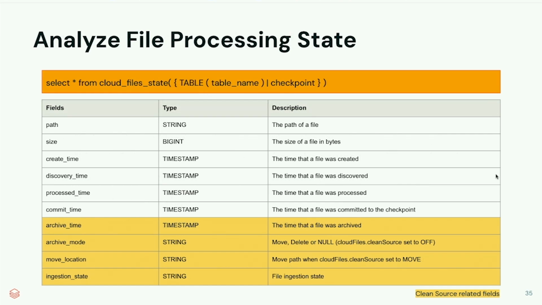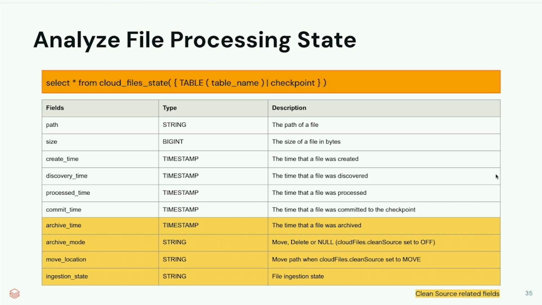Autoloader also provides this TVF called cloud file state, which you can look up to analyze the state of your file processing: whether that file has been ingested, when it was discovered, what the size of the file was, and what state of processing it is in. And with clean source, we added 4 new fields that now tell you when the data was moved, what was deleted, and you can also look at the time when it was archived.